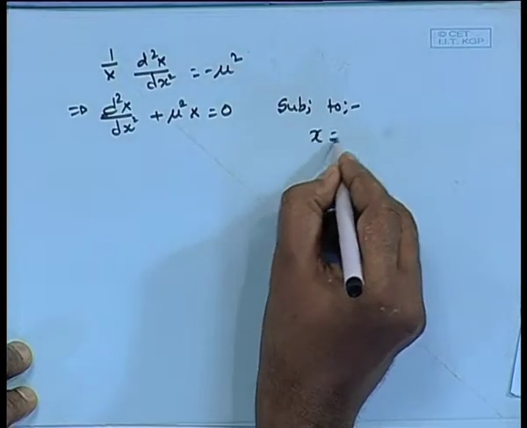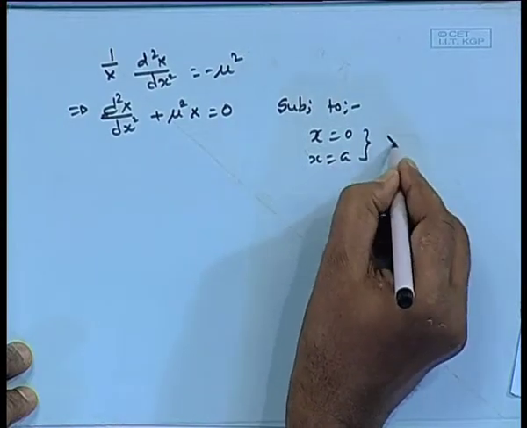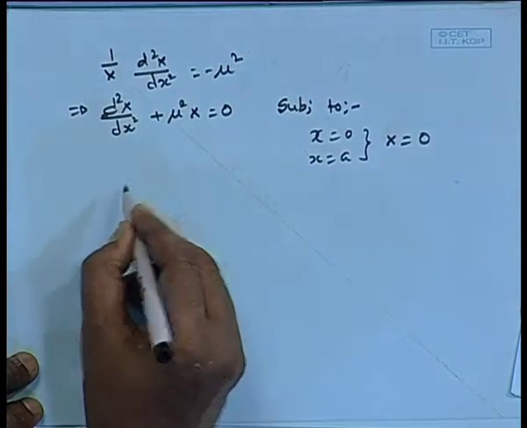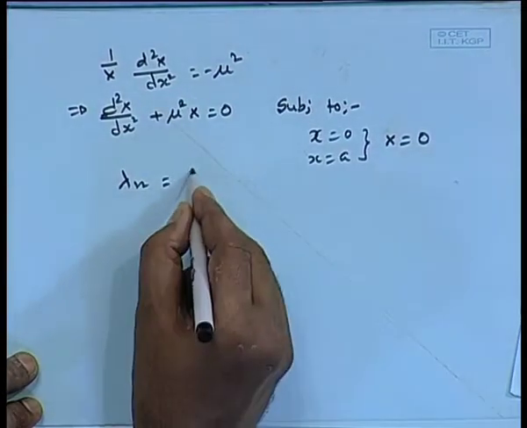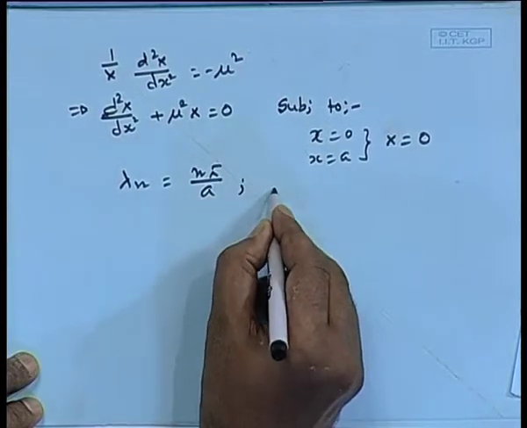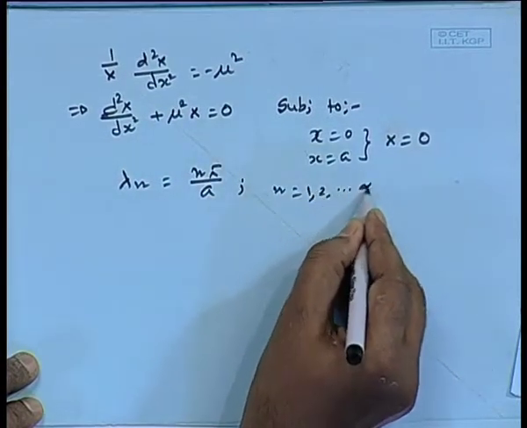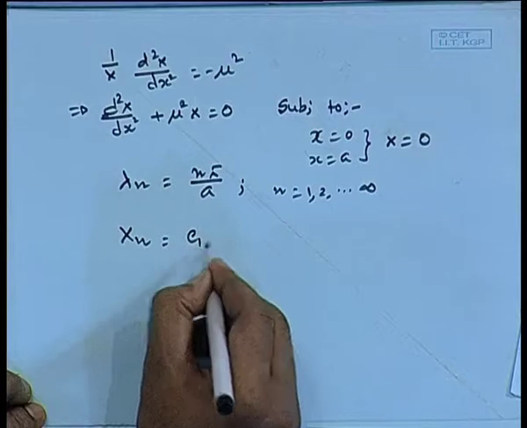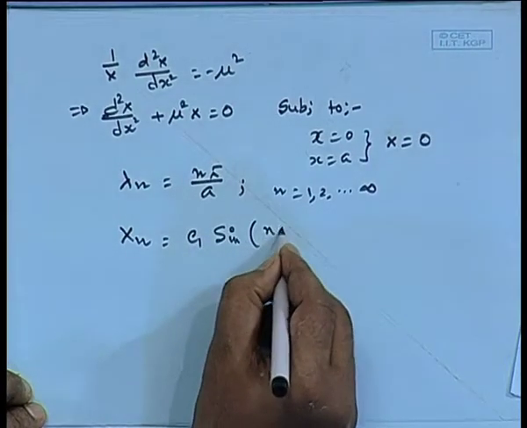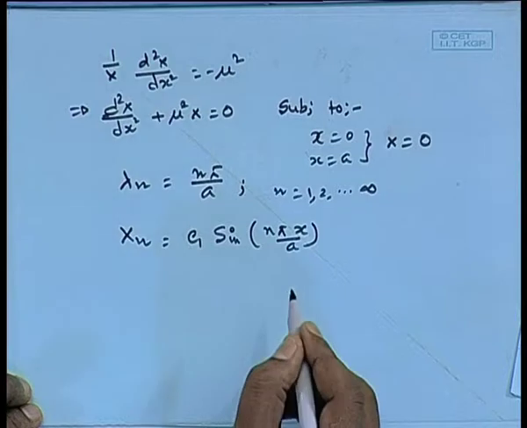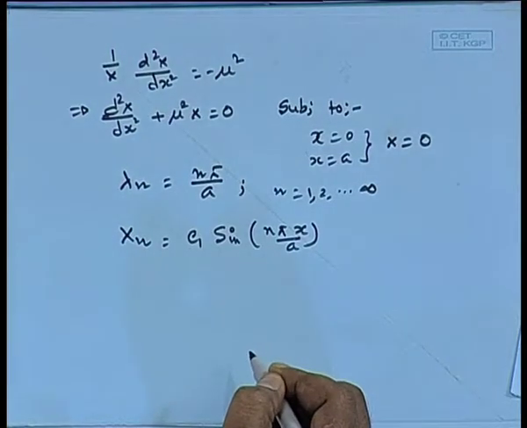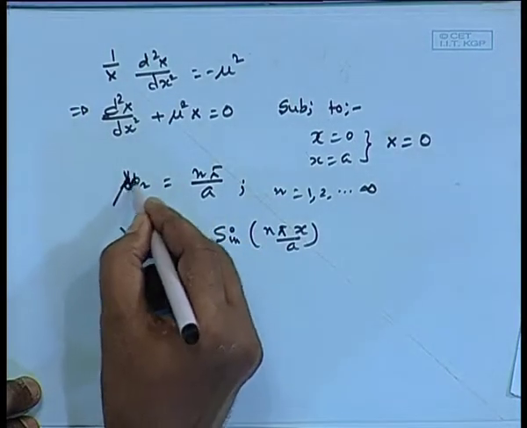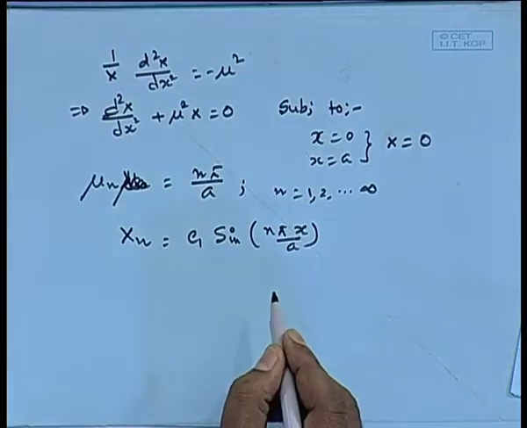At x equal to 0 and at x equal to a, capital X is equal to 0. The eigenvalues in this problem are standard and we have solved this previously: n pi by a, where n is equal to 1, 2, 3 up to infinity. Your eigenfunctions are some constant multiplied by sin n pi x by a. That is also what we have seen previously. This will be mu n is equal to n pi by a.